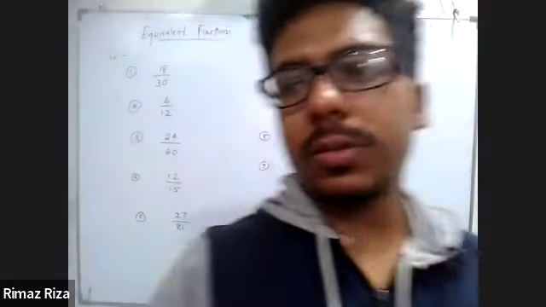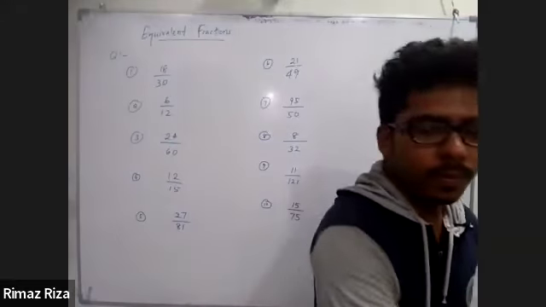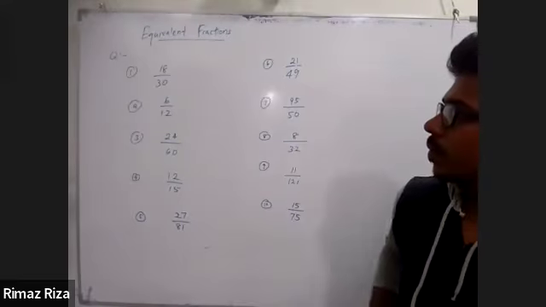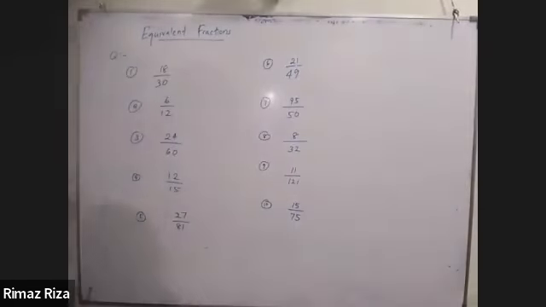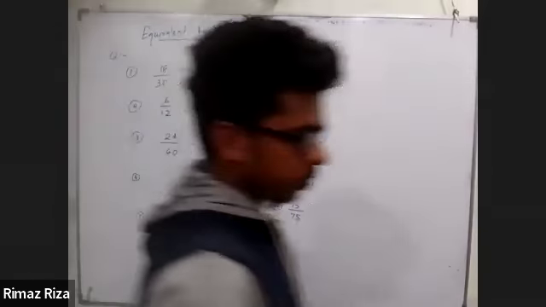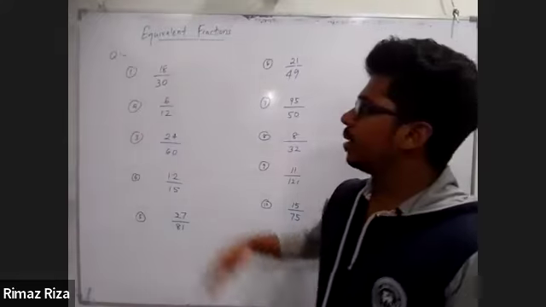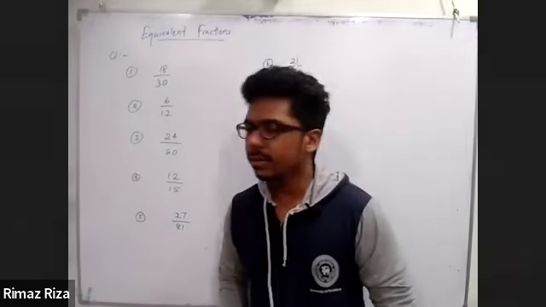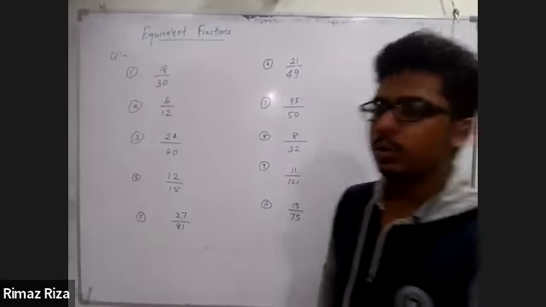Okay, get the answers for these questions. So today I will be stopping here, and in the next class, it's important, we will be seeing how to add or subtract two fractions.